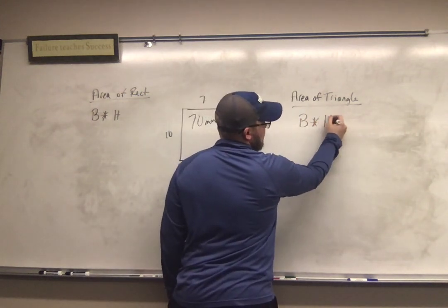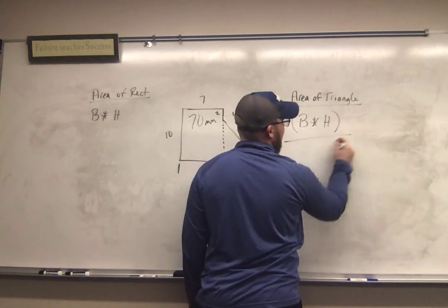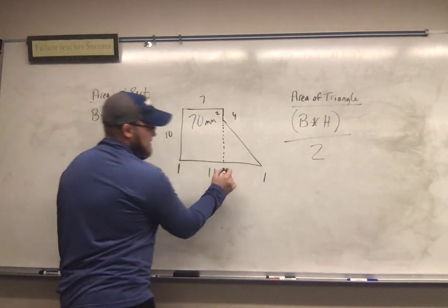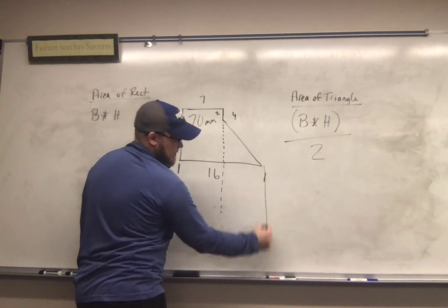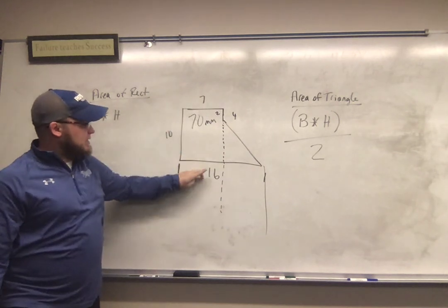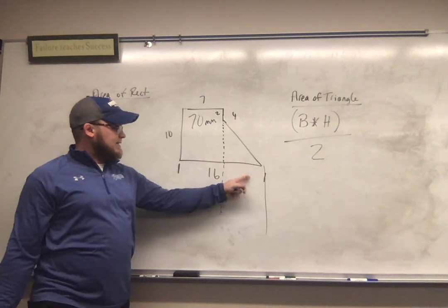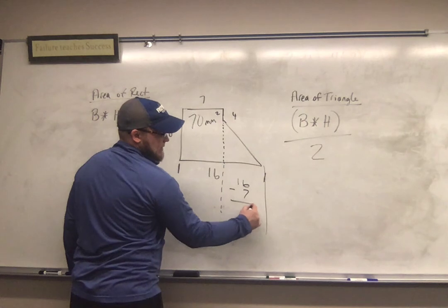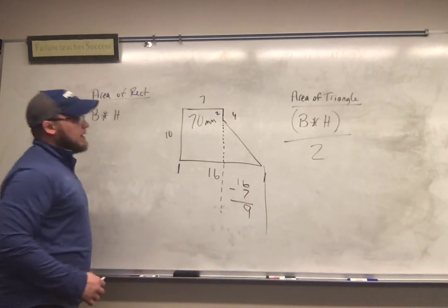Base times height, do that first, and then at the very end, you divide that answer by 2. So here's the base. The base is from the dotted line here to that line. We already knew this piece right here was 7. We know the whole thing's 16, so we just need to figure out what this is. We're going to do 16 subtract 7, and you're going to end up getting 9.